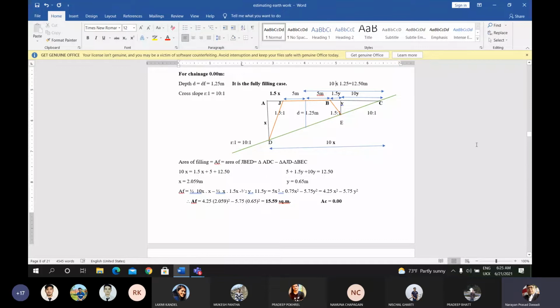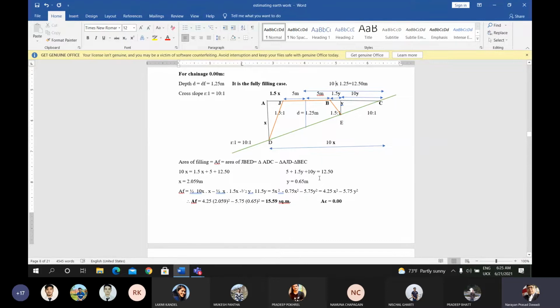Now for the next, for the 12.50 meter horizontal distance, the total length will be 5 meter plus 1.5y plus 10y. This is the same distance of 12.50 meter. So 5 plus 1.5y plus 10y is equal to 12.50 meter.